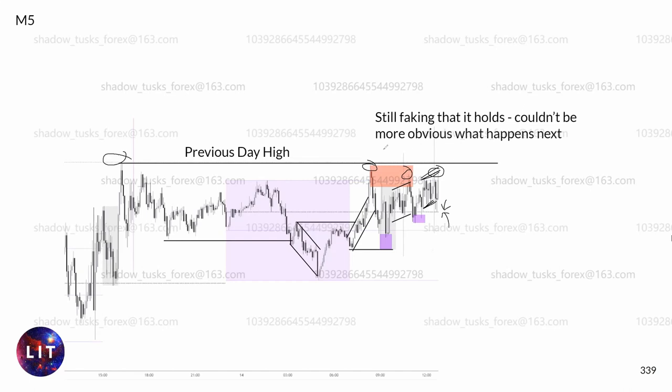Where should we be targeting? Again, similar to the previous day that we just covered, where we had a big liquidity build up. There's a lot of liquidity here. So after we take this liquidity, what are we going to expect? At least a pullback, right? At least a pullback to take some liquidity. And we've got liquidity here and liquidity here. So that means that both of these entries are at risk.